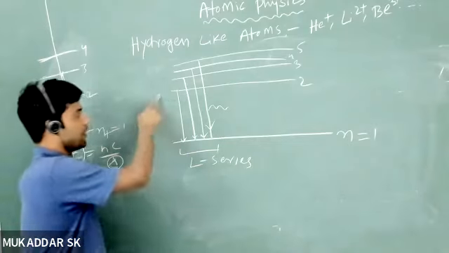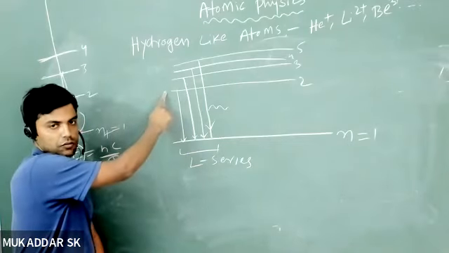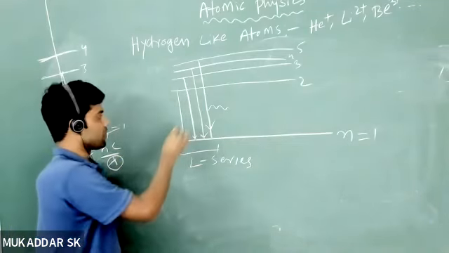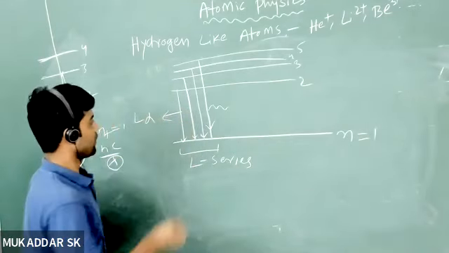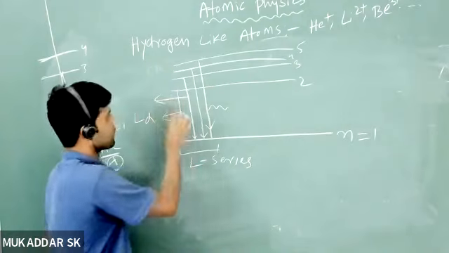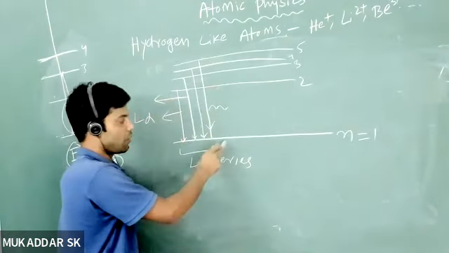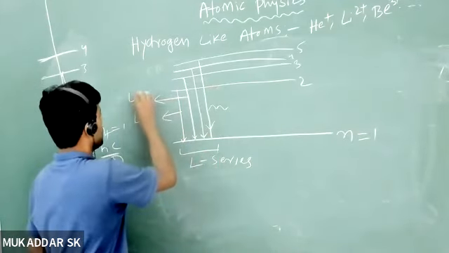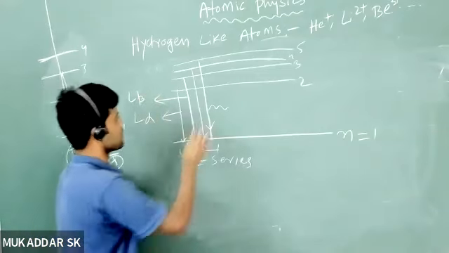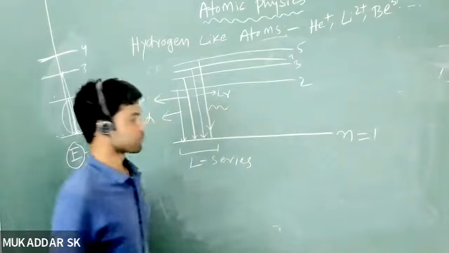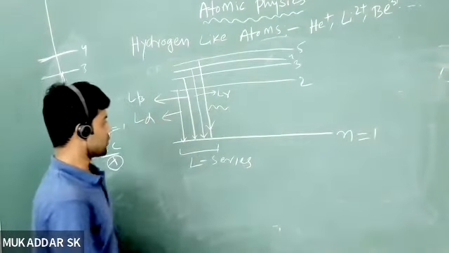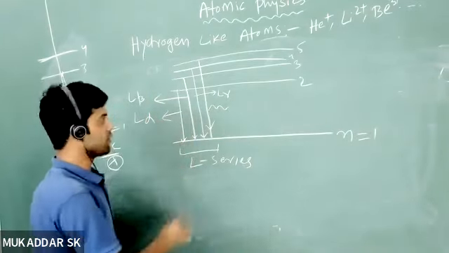When the electron comes from n equals 2 to n equals 1, this is known as the Lyman alpha line. From n equals 3 to n equals 1, it will give the Lyman beta line. Similarly, this one will give the Lyman gamma line. So this is all about the Lyman series.